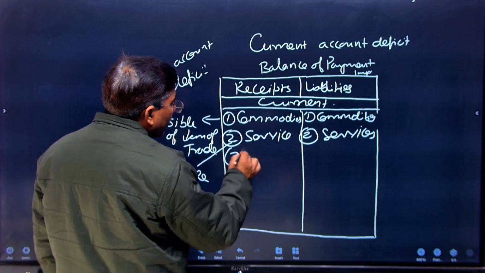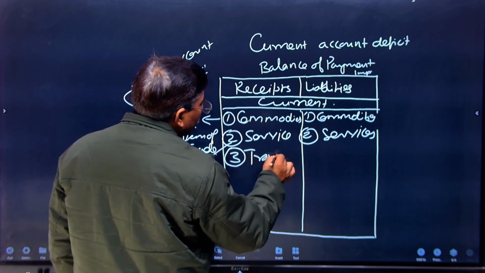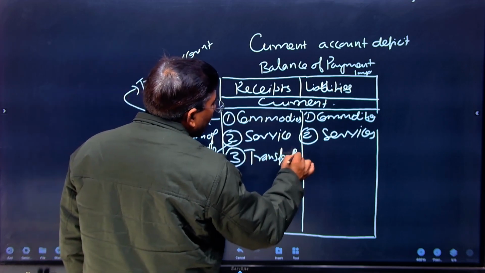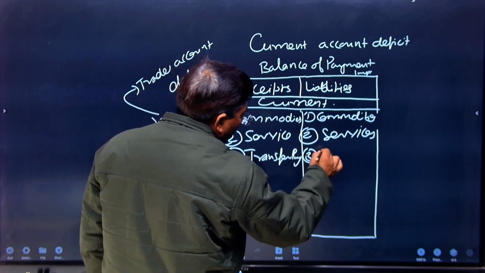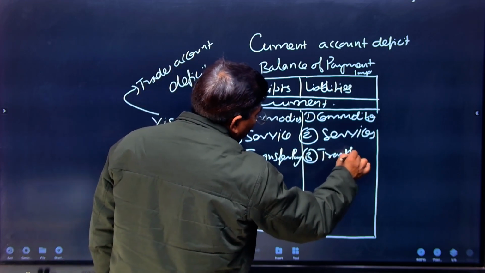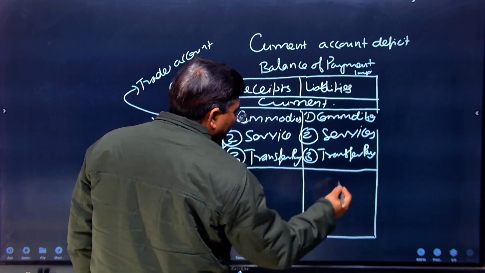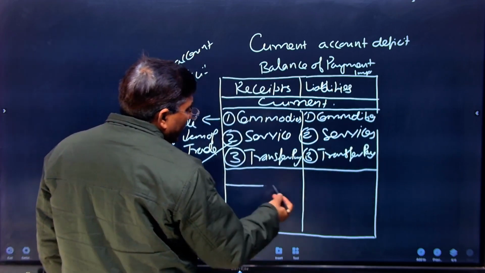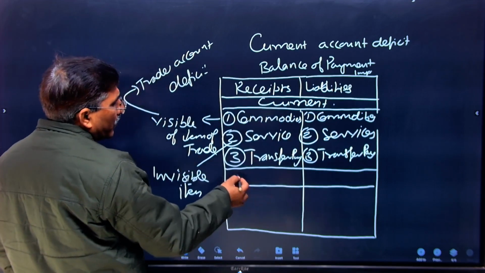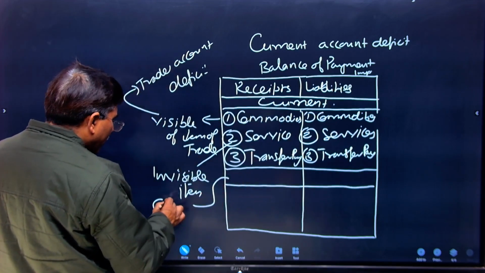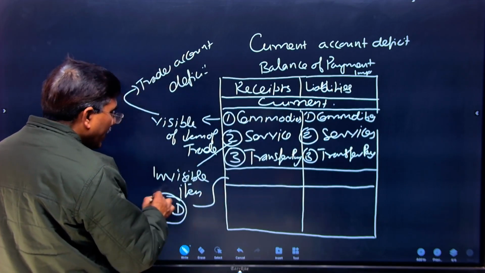And third is transfer payments. That is the simple topic which you can understand in national income accounts. The difference between exports and imports of all these together is known as the current account deficit, CAD.